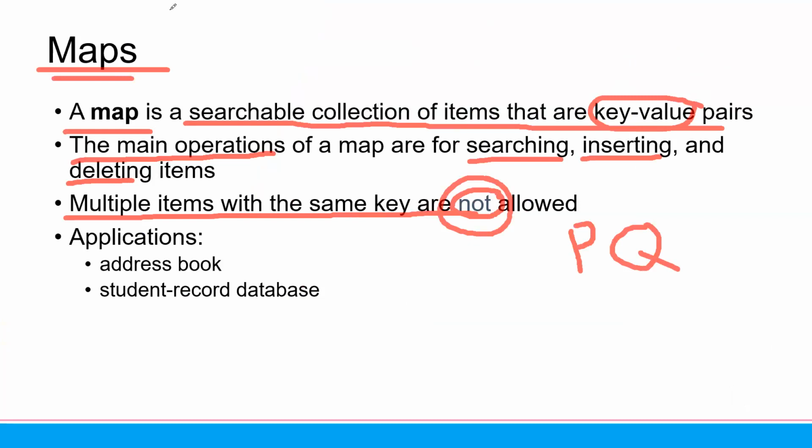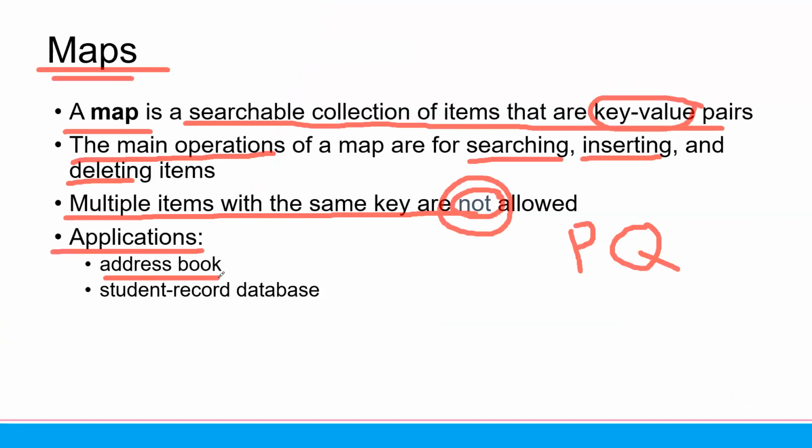That's why when you do this with Python and you have the same key, it will give an error. The application is something like an address book or dictionary, such as that. So one word will have a meaning.